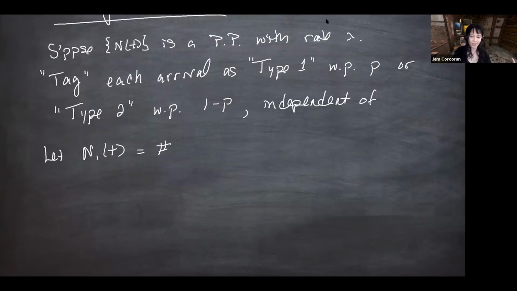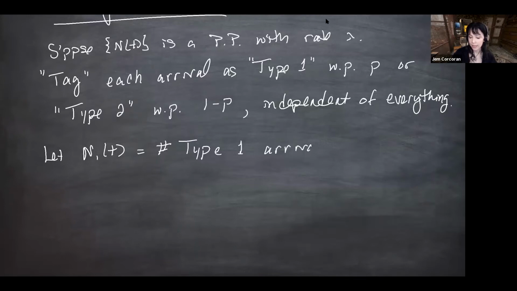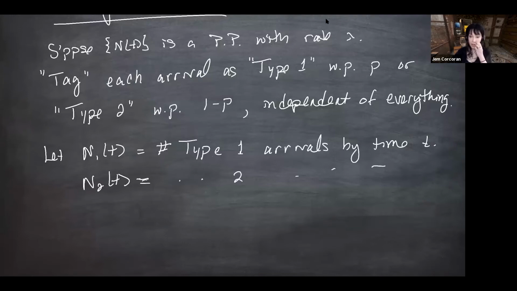So I'm just going to be real safe here and say independent of everything. So I'm going to let N1 of t be the number of type 1 arrivals by time t, and then N2 of t the number of type 2 arrivals by time t.